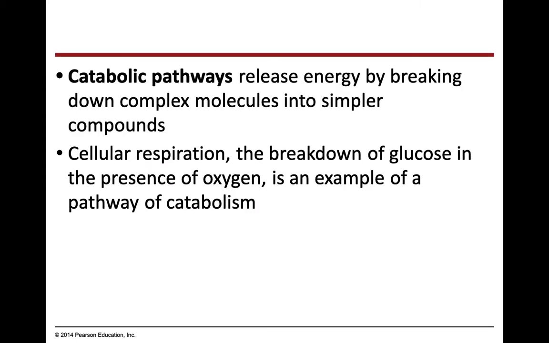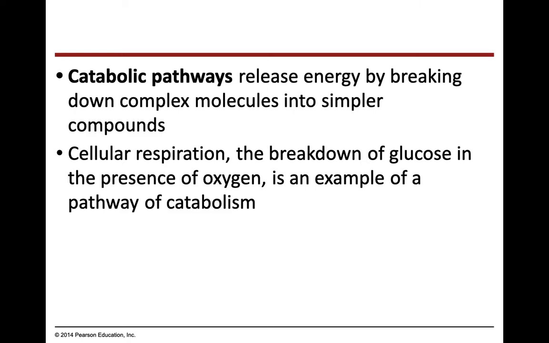Now, there's two types of metabolic pathways that are important to know. The first is catabolic. I always think of cannibals within this first type. And catabolic pathways release energy by breaking down very complex molecules into simpler compounds. For example, cellular respiration takes glucose when we have oxygen, and we create ATP as a result.